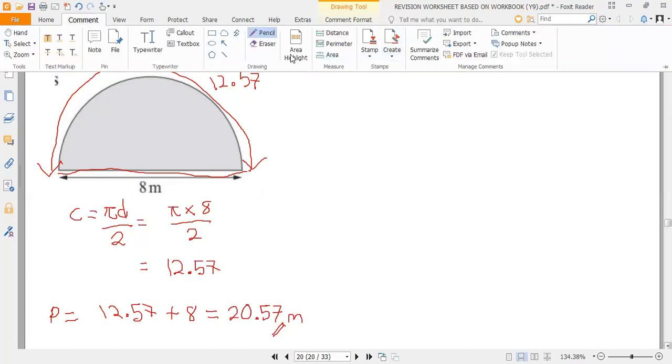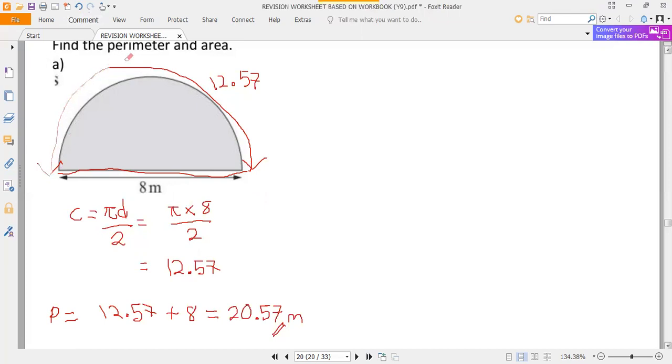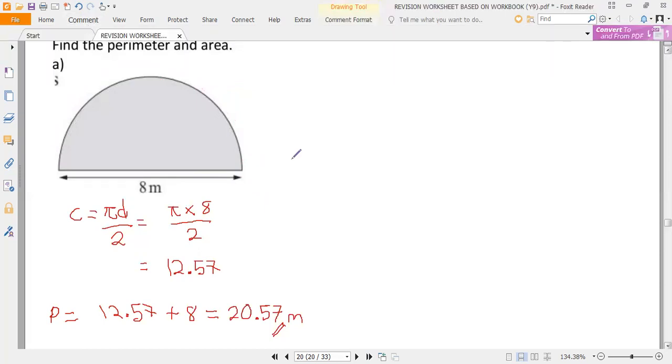Okay, let us move on to area. So area is even simpler and faster. Pi r squared. Pi r squared is for the whole circle, but this is half of a circle, right? So we divide by 2. Pi times r squared.